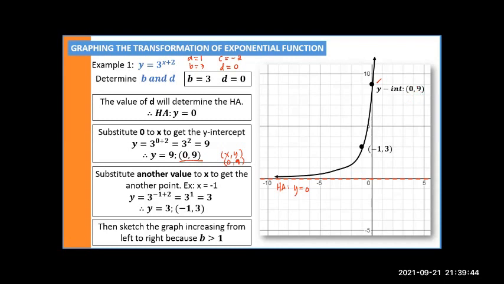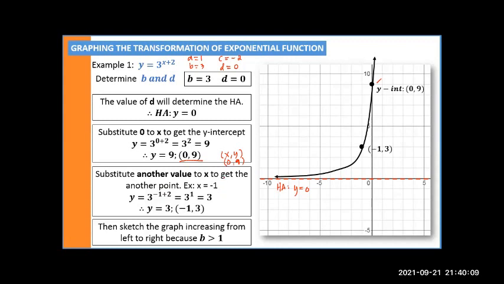Now, kailangan pa natin ng isa pang point para mag-graph yung function natin. So, we're going to substitute another value of x para makakuha agad ng another value ng y. Now, kung ano yung coordinate nyon, that is another point. Okay? For example, ang kinuha ko is x is equals to negative 1. So pwede yan, nasa left.